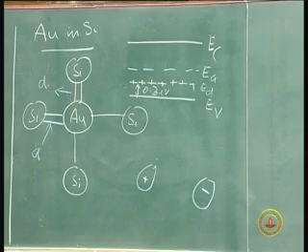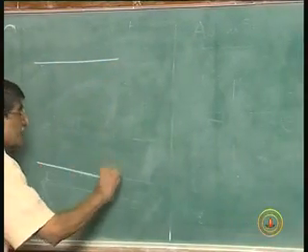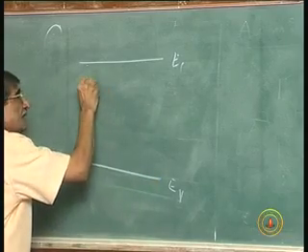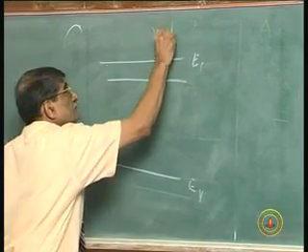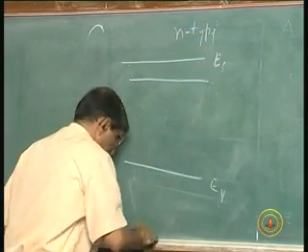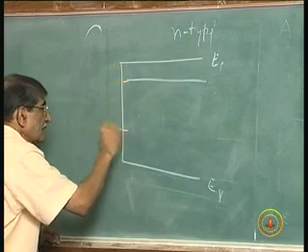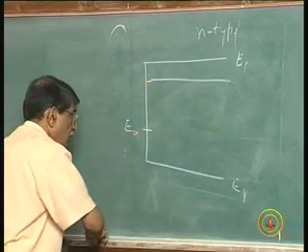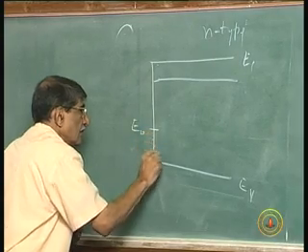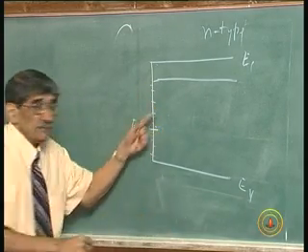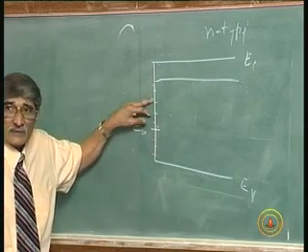Okay, I have the conduction band, valence band, n-type semiconductor. This is a surface, that is a neutral level. All these levels are occupied and all these levels are not occupied now. If it is not occupied, neutral.